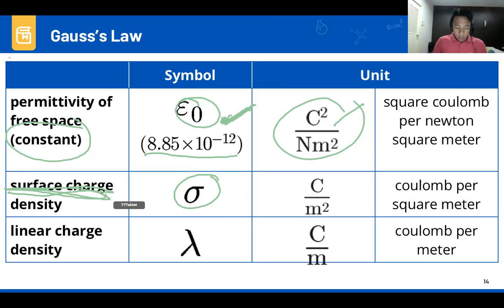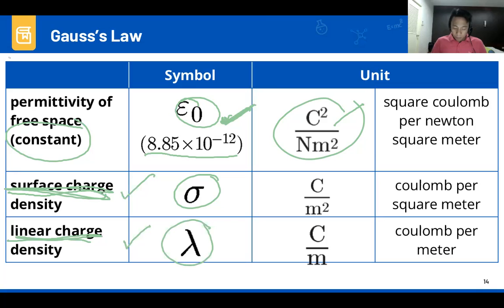And then for the surface charge density, this one is surface charge, particularly in one 3D object that we will tackle later. And this is also part of another 3D object, the linear charge density, or parang Y na binaliktad. I forgot the name of this one in Greek letters.